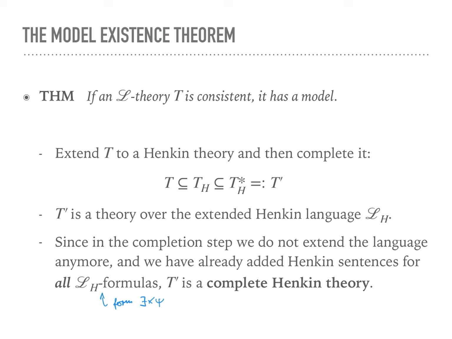That means, and we do not extend the language anymore, that this completion here will also be a Henkin theory. So, in other words, T prime is a complete Henkin theory. And remember that being complete means, in particular, that T prime is consistent. So now we have a consistent, complete Henkin theory that extends T.